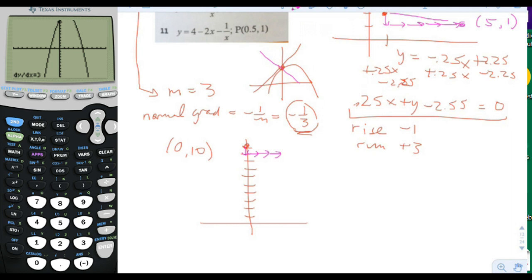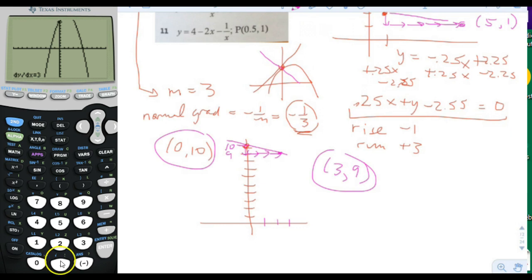And then the second point would be right here, right? Okay, so our second point would be 3, and then 10 would be 9, right? Because this is 10, so the one below it would be 9. So we had one point at (0, 10), and we have one point at (3, 9).